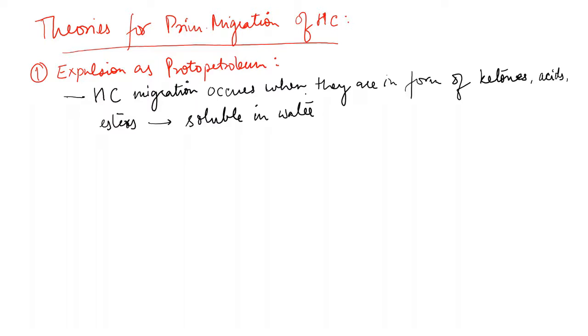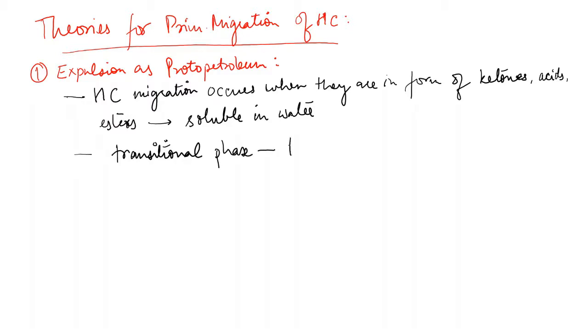So we all are aware that ketone, acid, ester, all these are functional groups attached to a chain of carbon atoms. So let us say if we are talking about ketone, it is a CO group, or acid, it is a COOH group, like that. So all these organic compounds which are soluble in water are in a transitional phase.